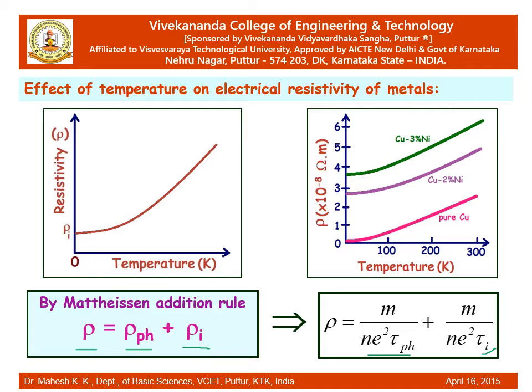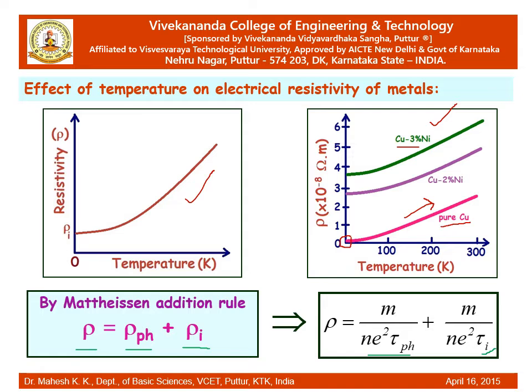Okay. Now in this graph, that is in the second graph, you could see that there are some alloys, that is copper nickel alloys with different compositions. You could see that for pure copper you are having the trend which is something similar to here, but observe that the rho I is almost near 0. It is not exactly 0 but near 0. Okay, so otherwise the trend is the same.